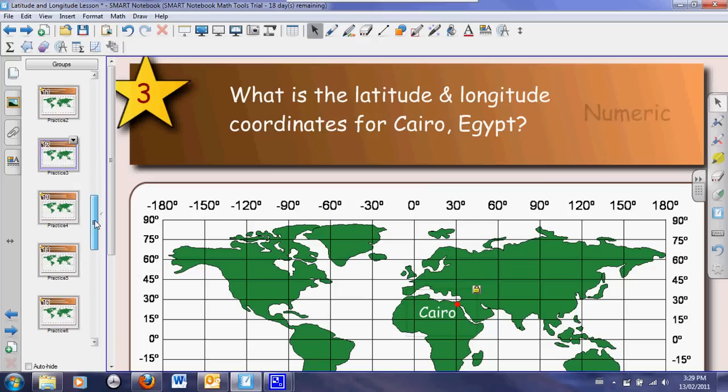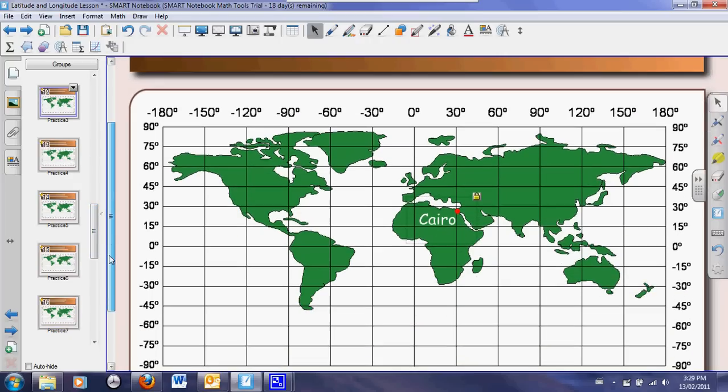This one, Cairo, I'd say maybe 28 degrees north and maybe 35 degrees east.